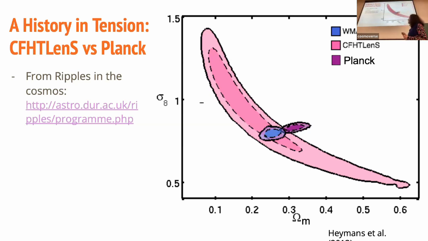And this is a thing that you always see from any cosmic shear analysis, this kind of banana, because we always have this kind of degeneracy, and that's why we normally look at this direction, which is called S8. And that's a combination of sigma 8 and omega m, rather than looking at sigma 8 and omega m separately.